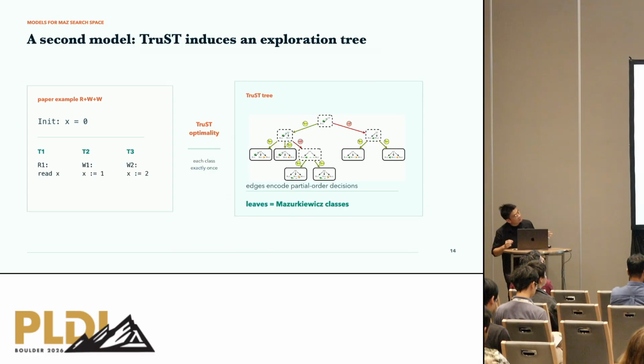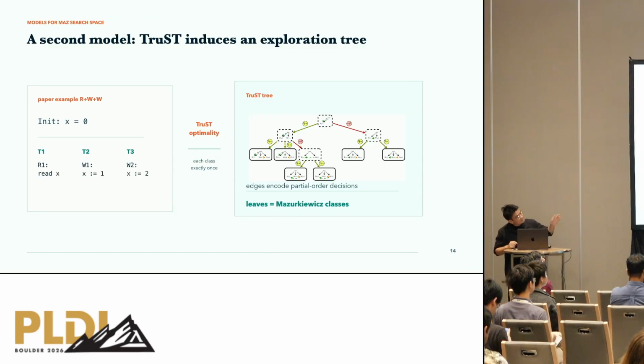And it turns out there is this model, which is defined by the state-of-the-art DPOR model checker, which is Trust. Trust is a model checker that is optimal and stateless. It is optimal in the sense that it never explores two Mazurkiewicz classes twice. So the search space of the Trust algorithm is actually a tree.